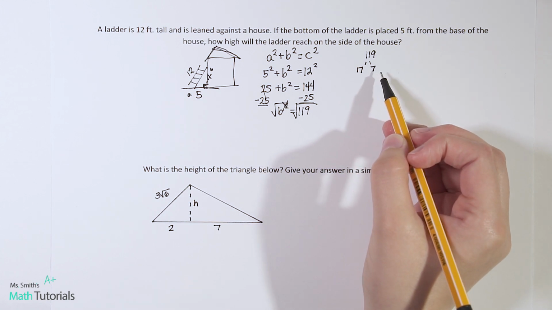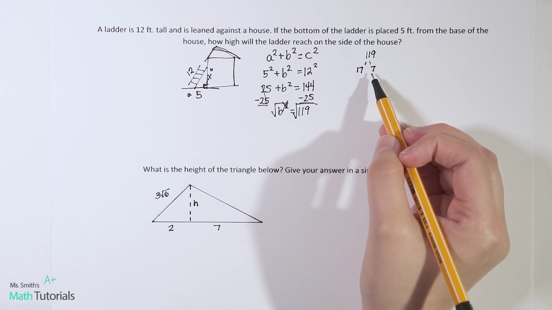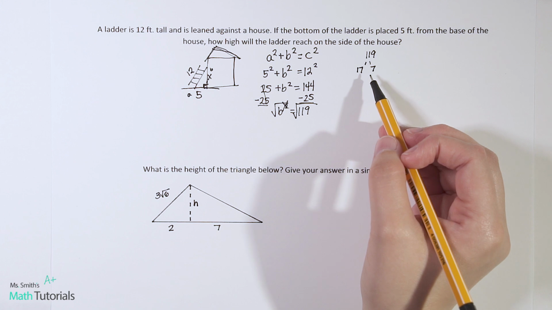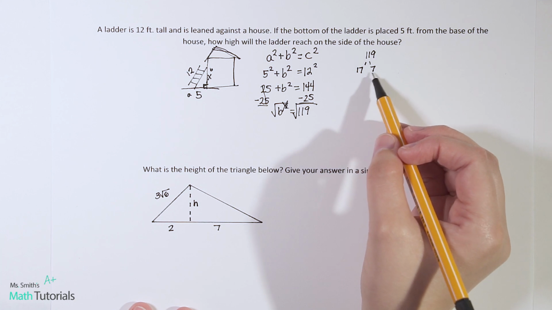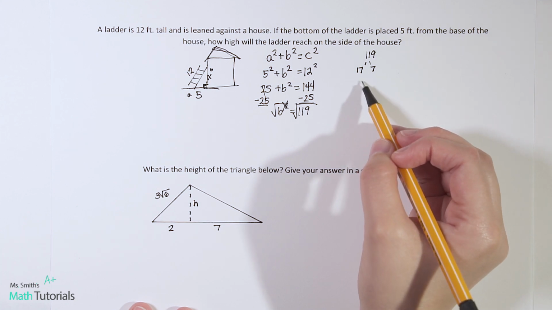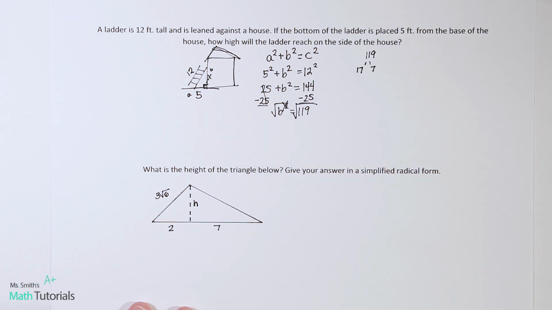So this goes back into our simplifying radicals video. If you're not sure what I'm doing right here and you're confused, stop here, go back and review the simplifying radicals video, so this will make a lot more sense. Now notice I have all dead ends here. 17 can't break down any further, 7 can't break down any further, so that means the square root of 119 is as simplified as the radical is going to get.